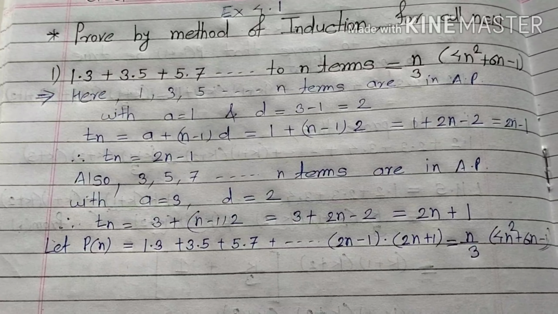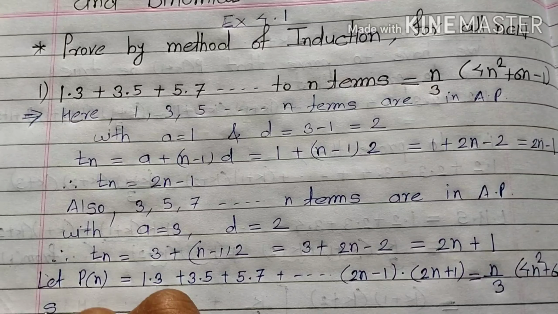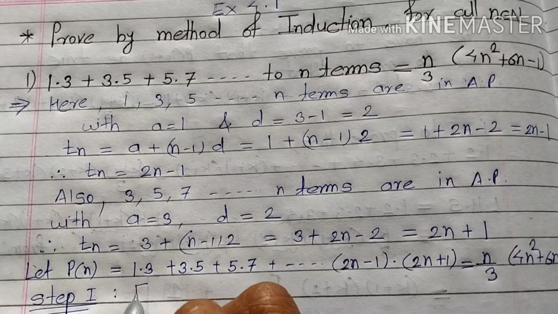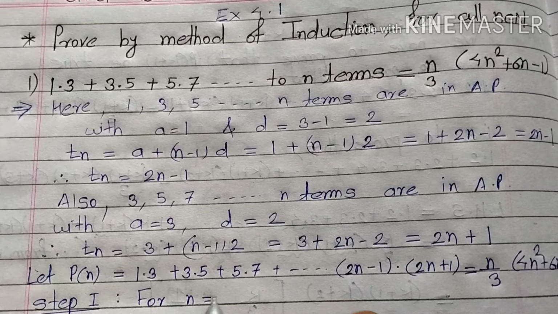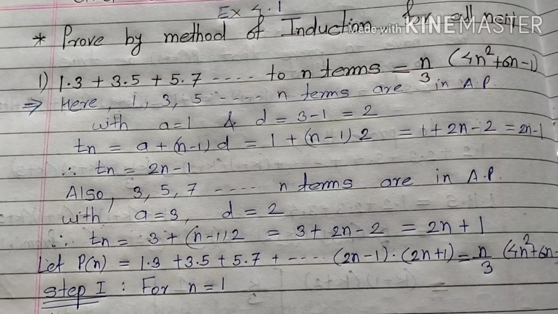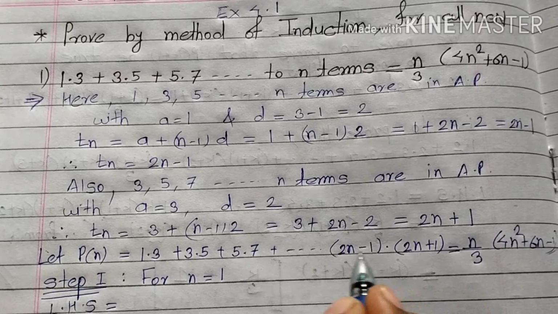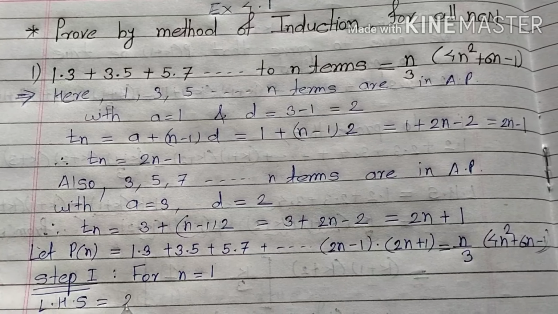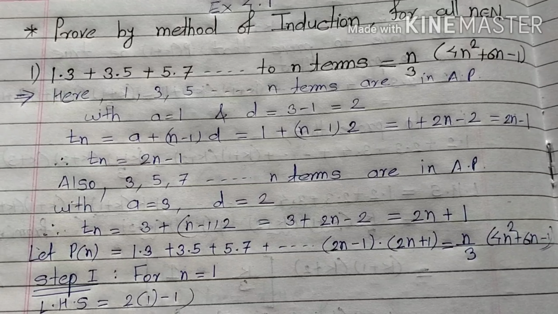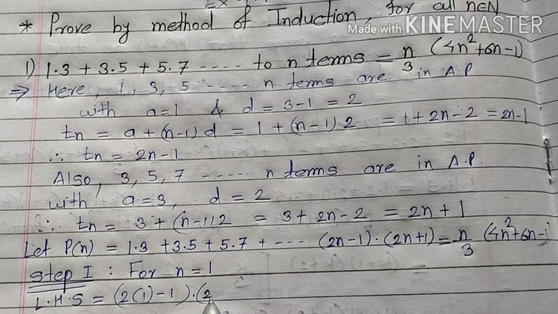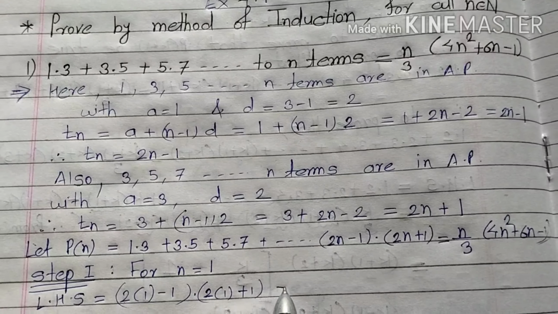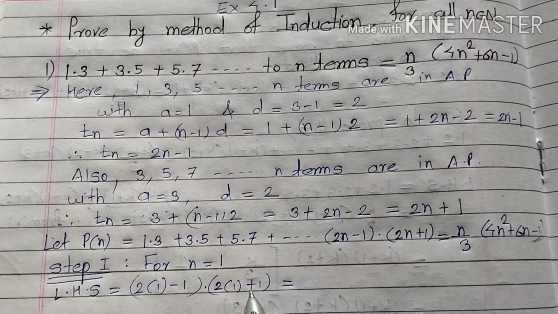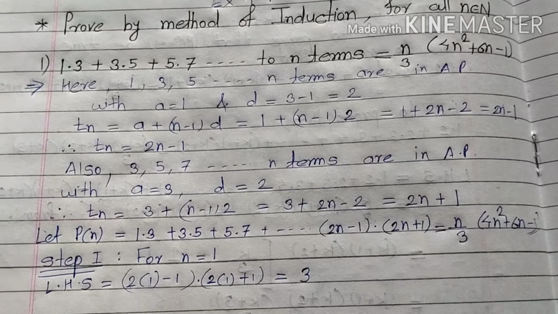Now we use here our working rule. So step first, for n equal to 1. So LHS is equal to, when we take n equal to 1, then here (2 into 1 minus 1) in the first bracket, and here (2 into 1 plus 1), so it is equal to 2 minus 1 means 1, and here 2 plus 1 is 3, so here we get 3.